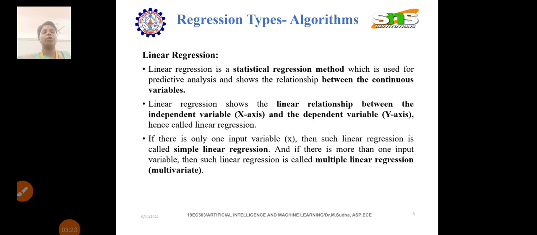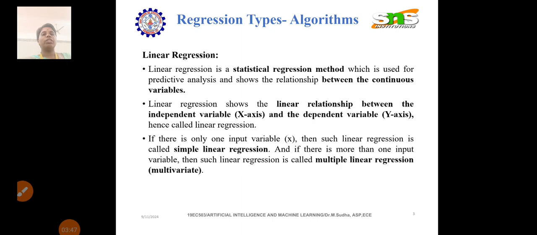Based upon the x-axis variable variation, the y-axis variable also correlates, in sync with the input variation. That is called linear regression.